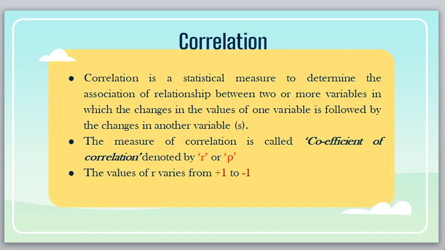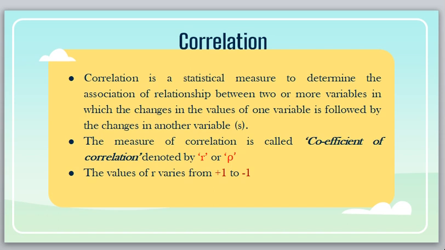Coming to the intro, correlation is a statistical measure to determine the association or relationship between two or more variables, in which the change in the values of one variable is followed by the change in the other variable. In educational research, we study correlation.